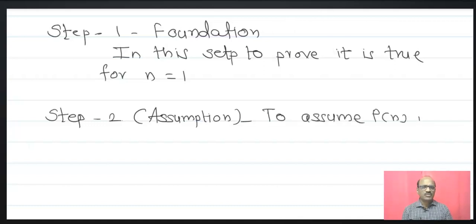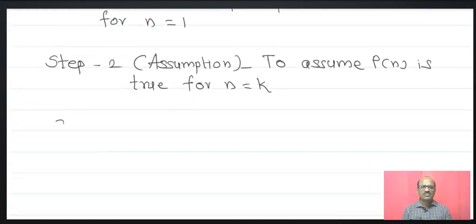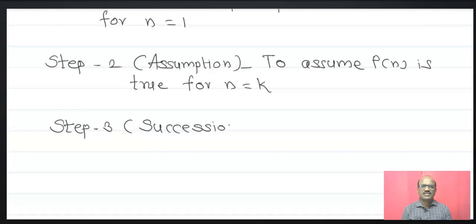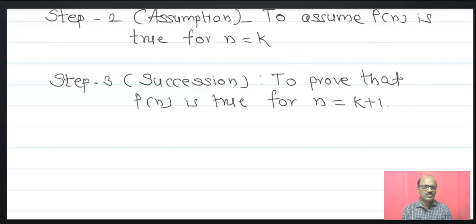Now step number 2, assumption: assume that P of n is true for n is equals to k. Now step number 3 is the succession: to prove that P of n is true for n is equals to k plus 1.